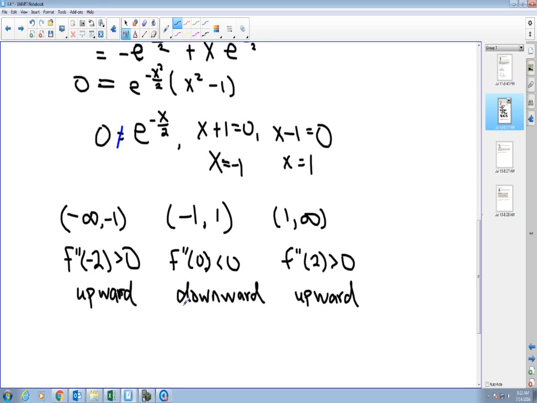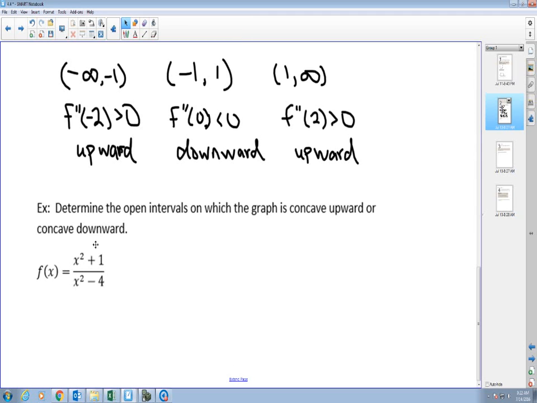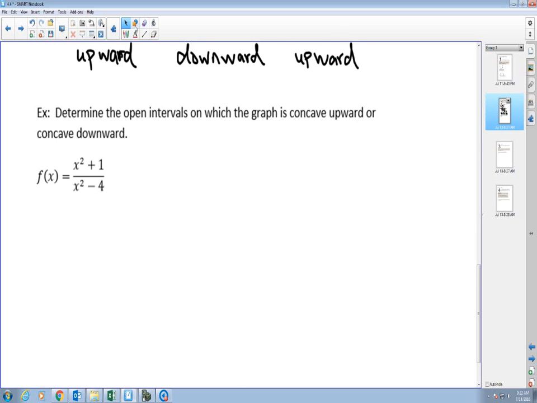Alright, let's look at this example here. It's a little bit different. For the interval where the function is concave upward or downward, I'm going to take a derivative of my function.